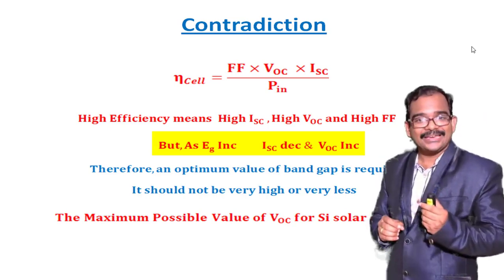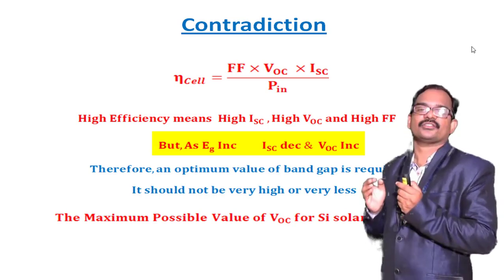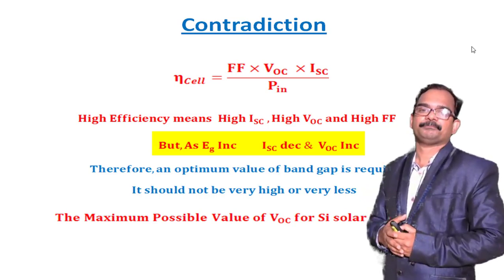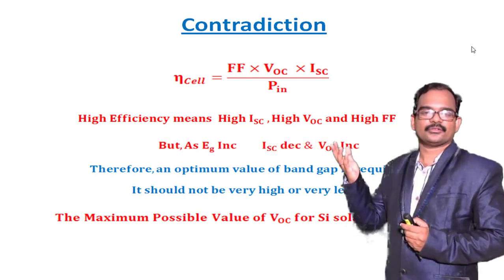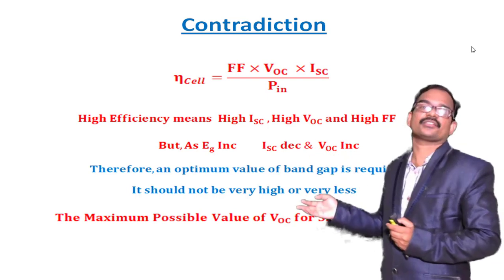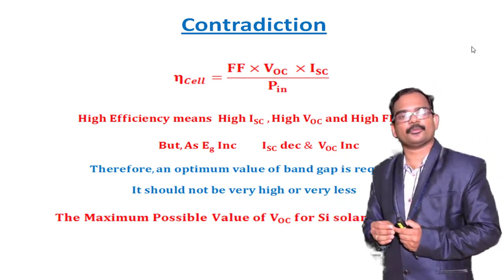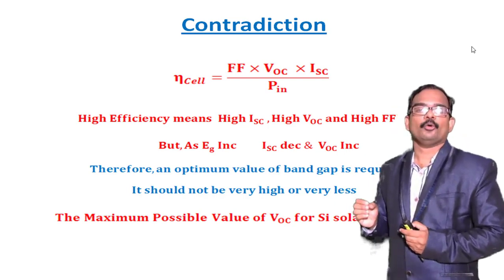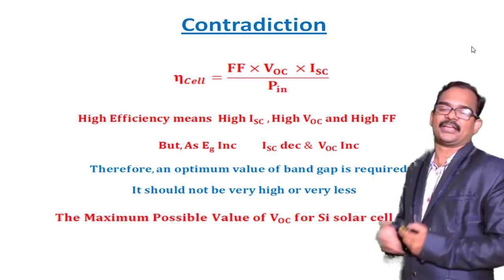As the band gap increases, the open circuit voltage also increases. There is a contradiction here. If I increase the band gap, VOC increases, but ISC decreases. Because the short circuit current ISC is inversely proportional to band gap, and the open circuit voltage VOC is directly proportional to the band gap.